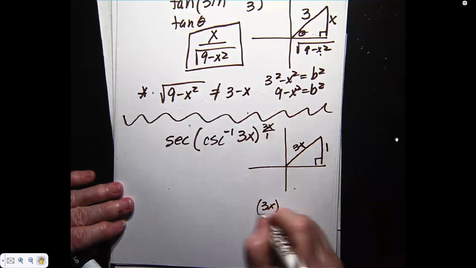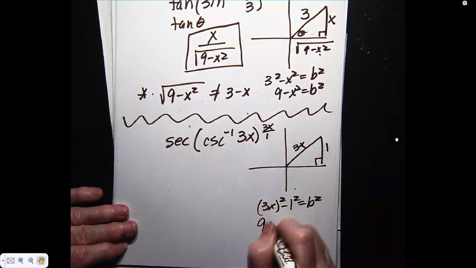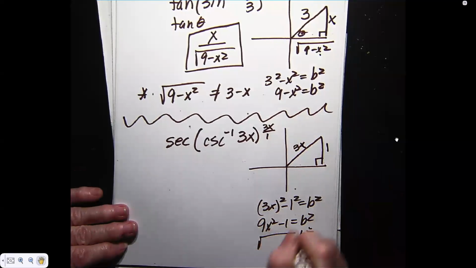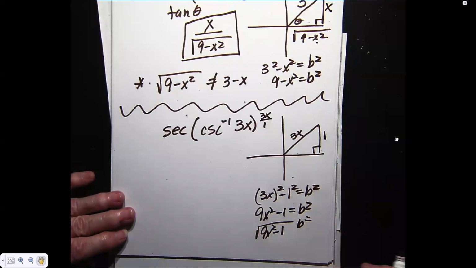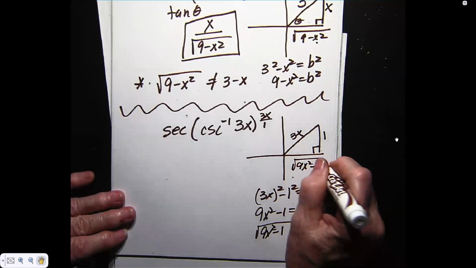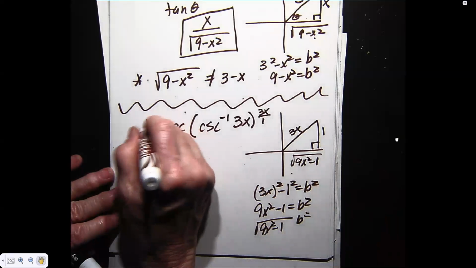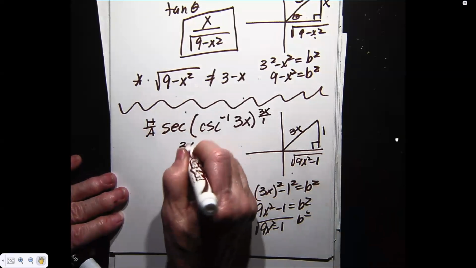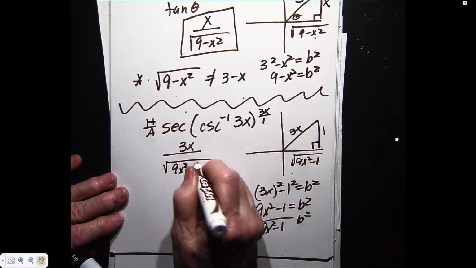So 3x squared minus 1 squared is b squared, so 9x squared minus 1 is b squared. So b is the square root of 9x squared minus 1. Then the secant is hypotenuse over adjacent, so 3x over the square root of 9x squared minus 1.